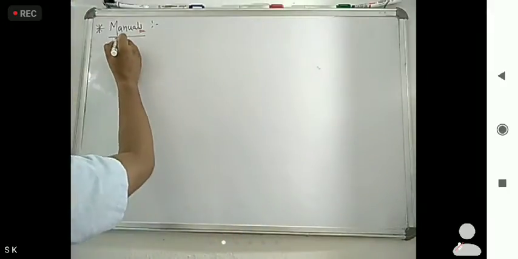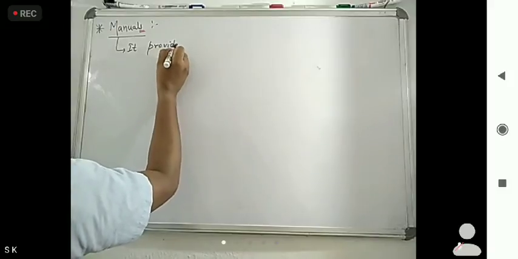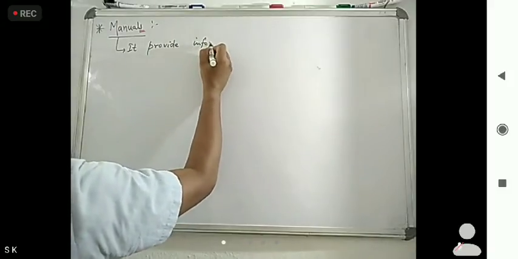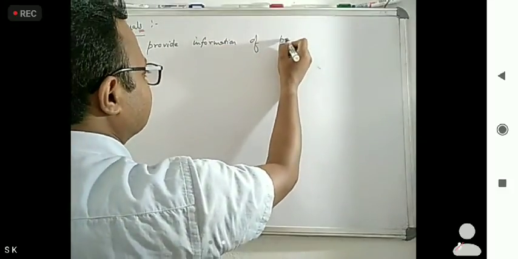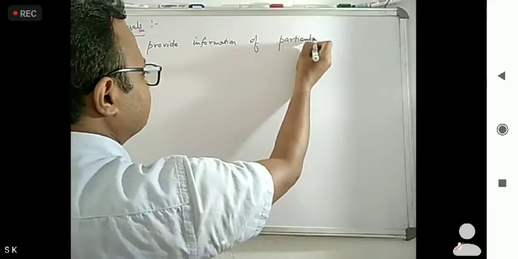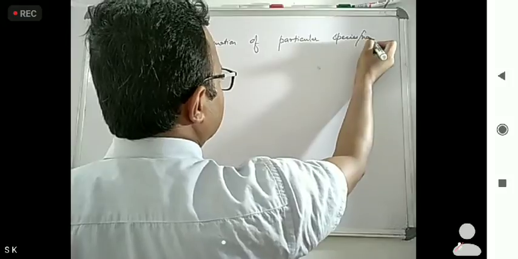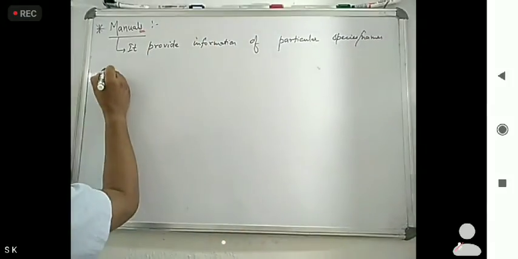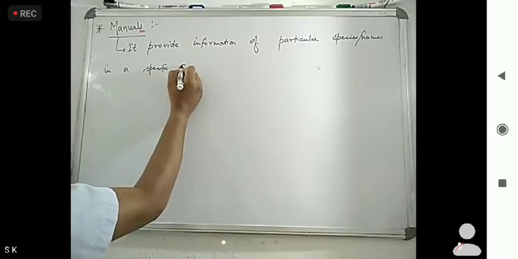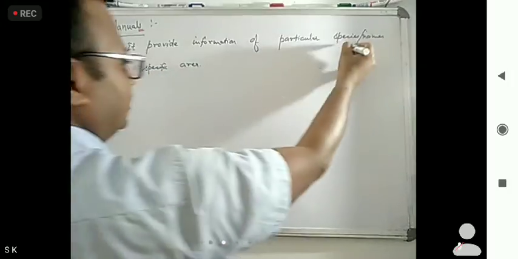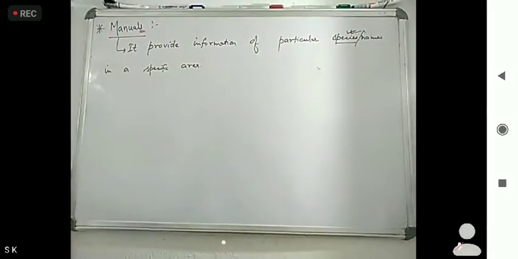So it provides information of particular species or names in a specific area. Okay, so here what is that? Species information is given by manuals.